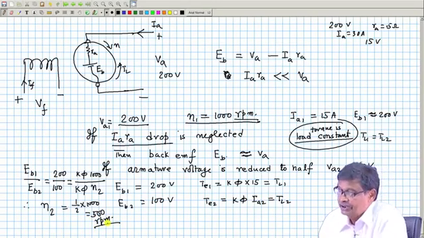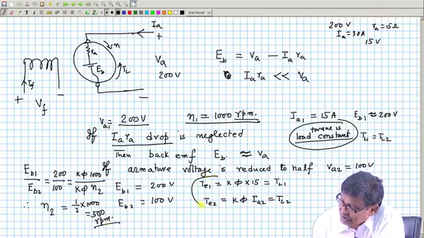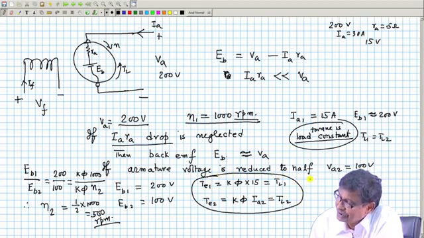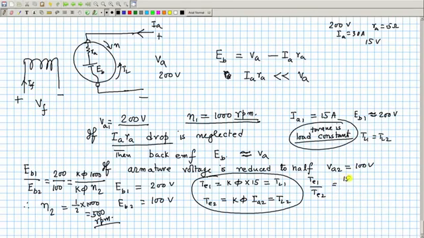And to calculate the new current, you take the ratio of these two equations, TE1 by TE2 is equal to 15 by IA2, which is equal to TL1 by TL2, I am telling same. So, it is 1.